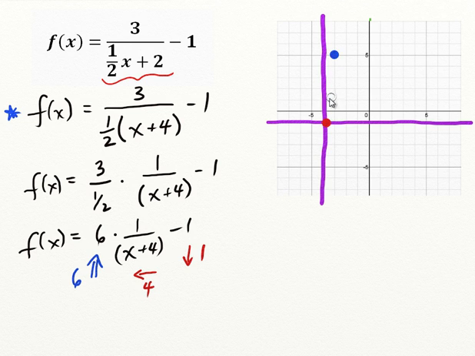Now on the parent function, remember the parent function is 1 over x. When x was 2, 1 over 2 is 1/2, we would only go up 1/2 right there. So we'd have a vertical movement of 1/2. Well, in this case, it has stretched the vertical movement by a factor of 6.